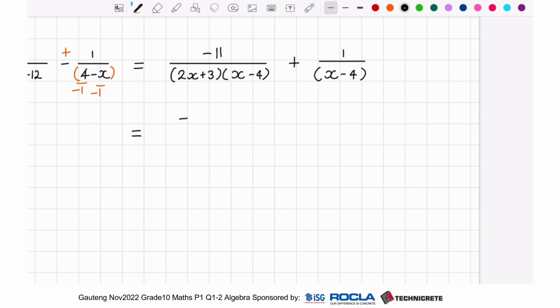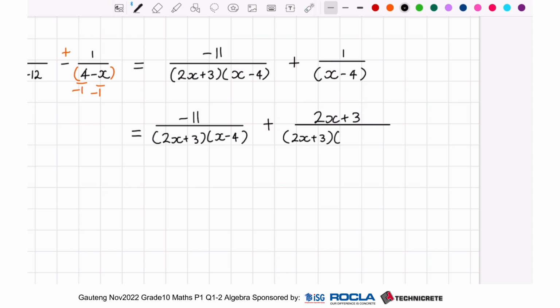So this next bit is going to be negative 11. So this one stays the same. And now I've got 2x plus 3 at the top, and 2x plus 3 and x minus 4 at the bottom.